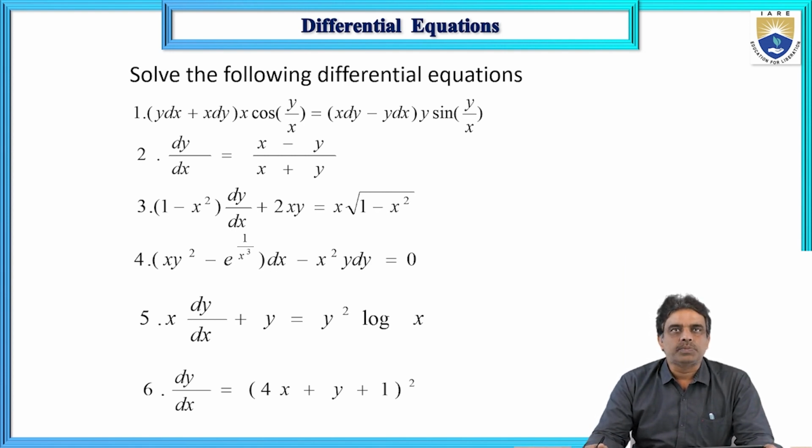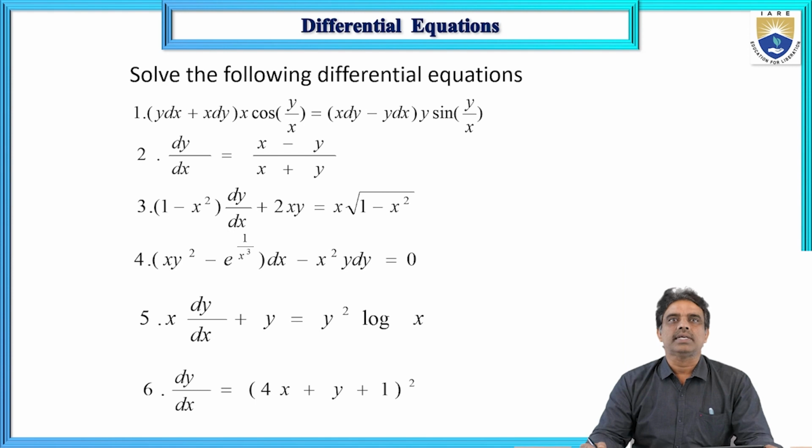Number 1: (y dx + x dy) x cos(y/x) = (x dy - y dx) y sin(y/x). Second one: dy/dx = (x - y)/(x + y). Third equation: (1 - x²) dy/dx + 2xy = x√(1 - x²).